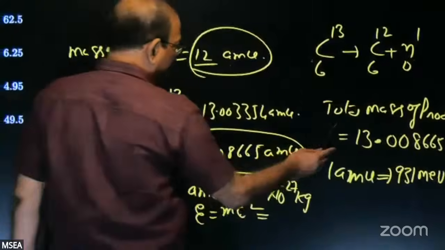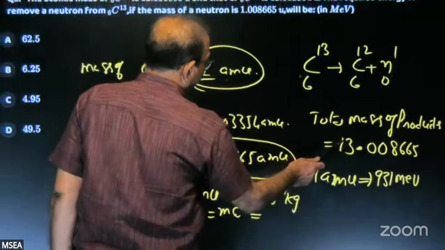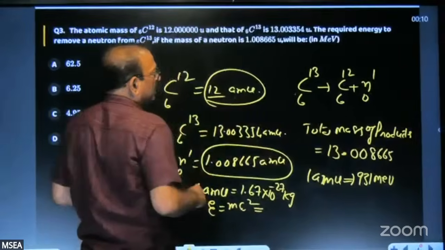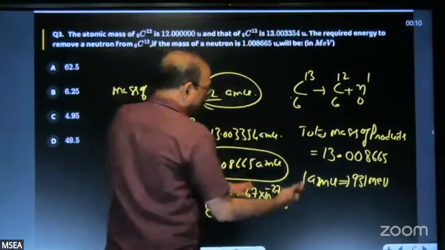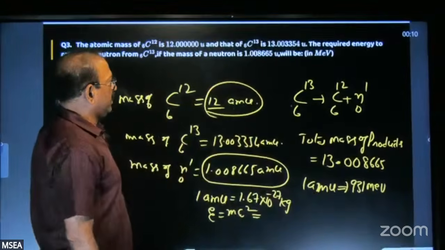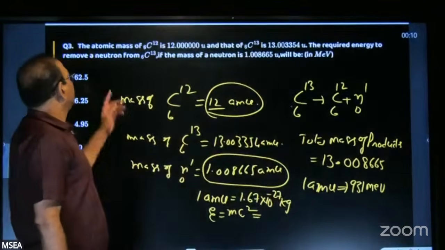So find the mass defect, the difference of products mass and reactant mass, and multiply it with 931. You will get the energy released in the reaction.